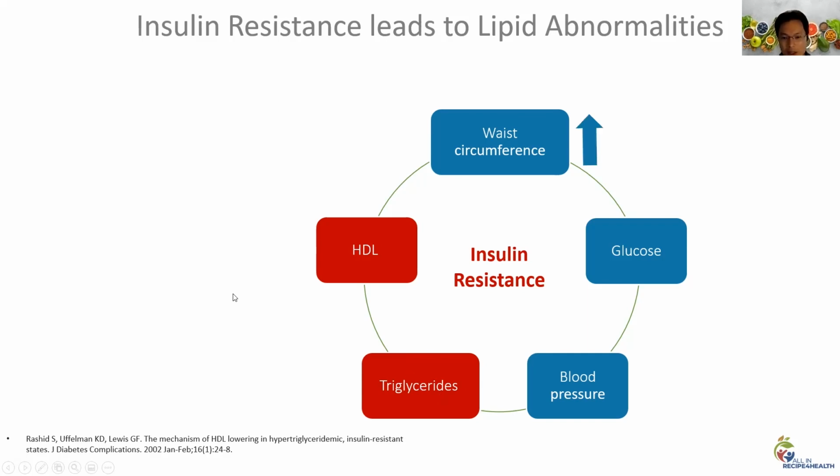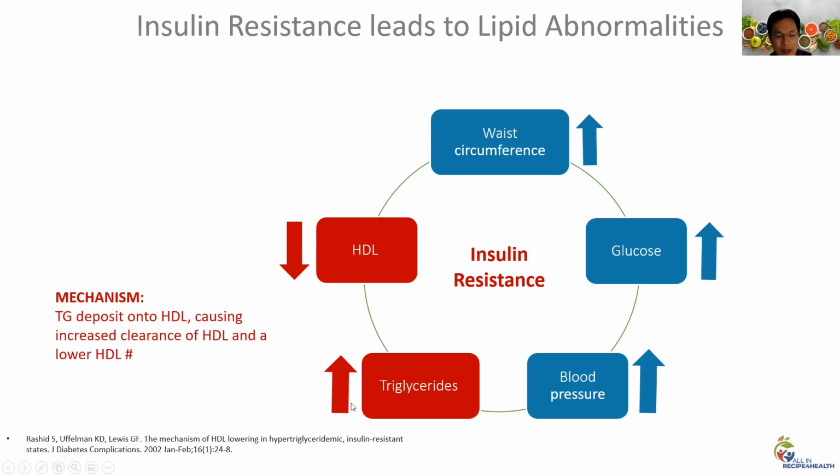So we know that insulin resistance increases all of these elements, right? And for HDL, it decreases it. Well, what's this interrelationship? The mechanism is basically triglycerides.